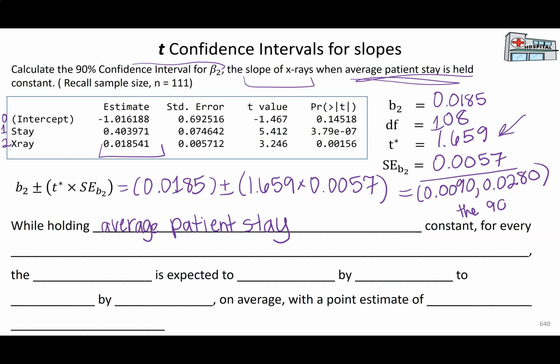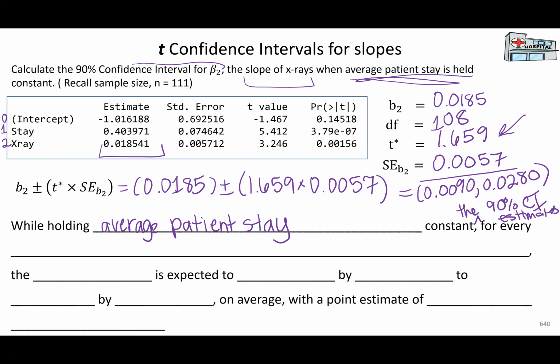The 90% confidence interval estimates, plugging this in here, that for every one unit increase, so every one additional X-ray in that period of time, the response variable, so the infection risk, is expected to, and now this is where we need to look at our signs.